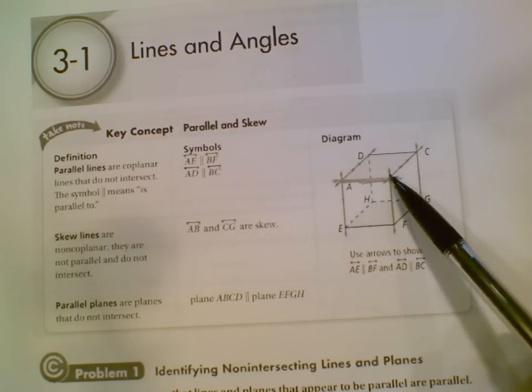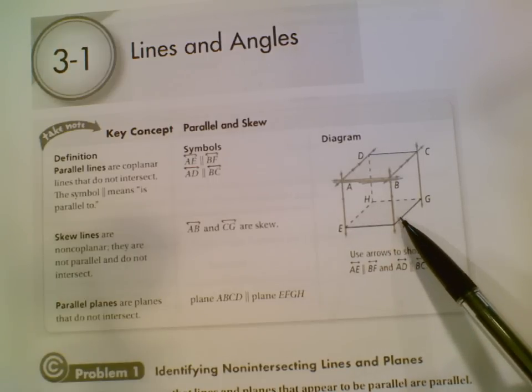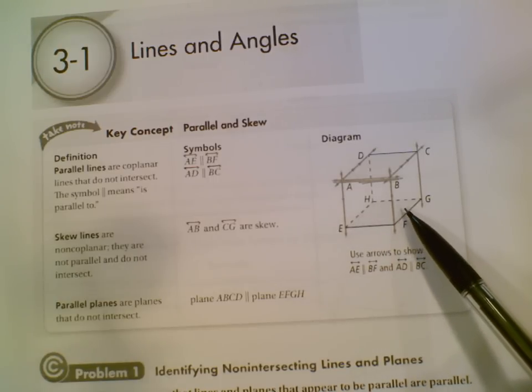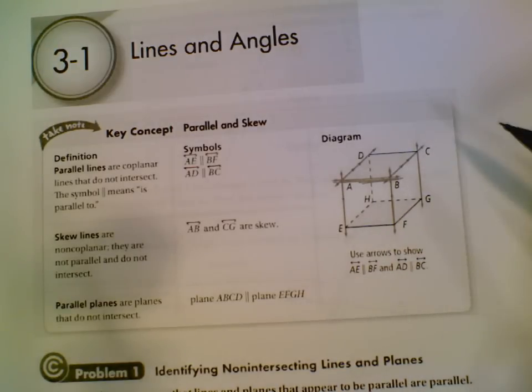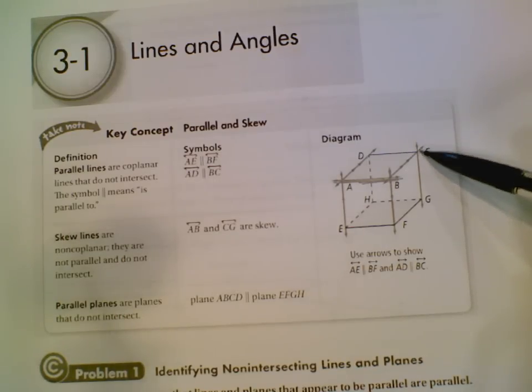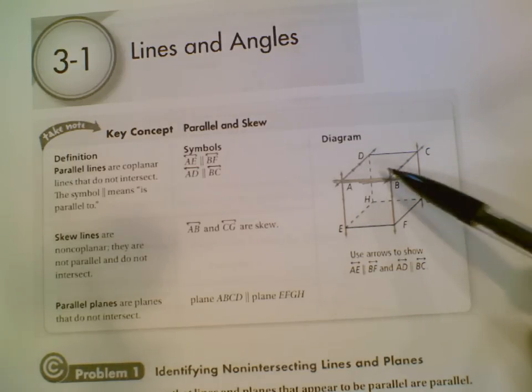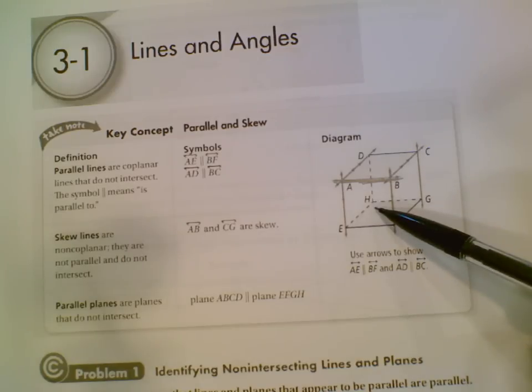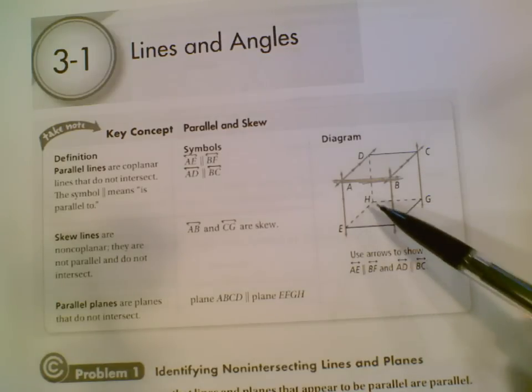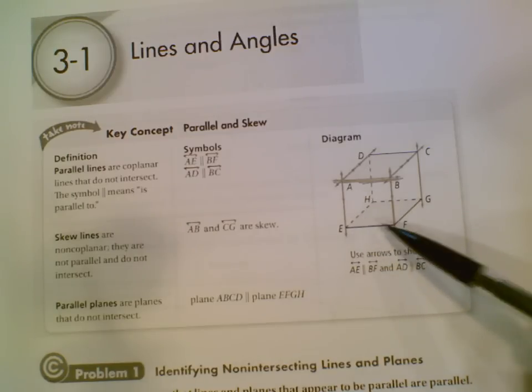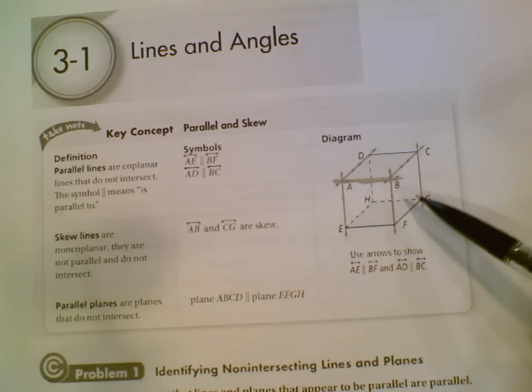So all of those would be out. That means I would be on this back or bottom part. Then I can't be intersecting it or parallel. So in this case, CG could be skew to AB. There are other options as well, because DH is also skewed to it. EH is also skewed to it, and also FG.